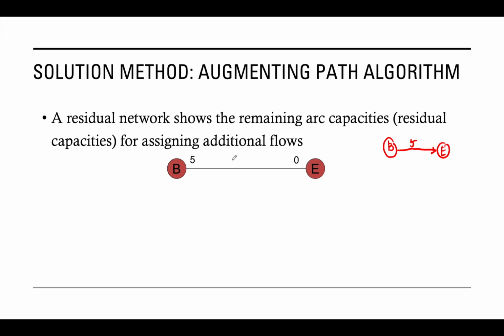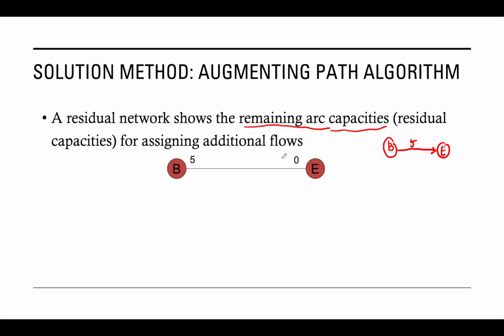So there are no signs of direction anymore. However, we now have two numbers. One number is beside B, and the other number is beside E. What do these numbers represent? These numbers represent the remaining arc capacity. And what do we mean by this? The capacity of moving from node B towards node E is 5.